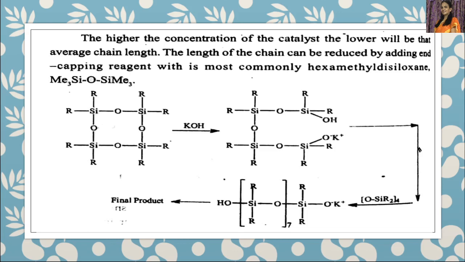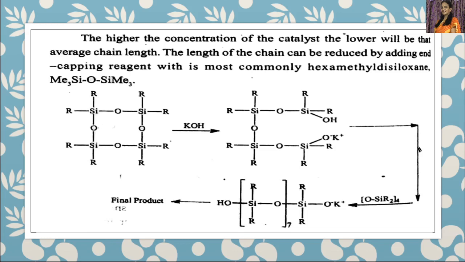It is used to reduce the chain length of the linear polymer. Hexamethyl disiloxane is used to cap one end so that the length of the chain can be reduced.